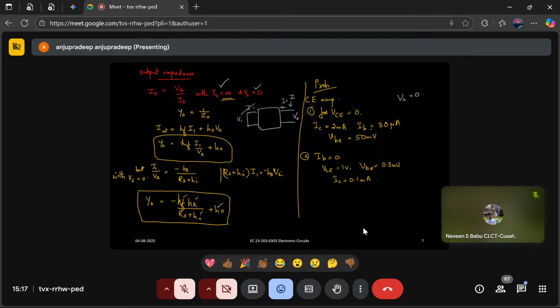And when I1 is equal to 0, then output voltage V2 is equal to 1 volt, VB input voltage is 0.3 millivolt and output current is 0.1. Find all H parameters. Please take down the problem.